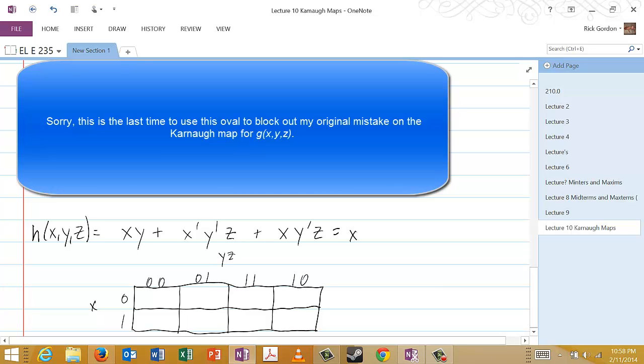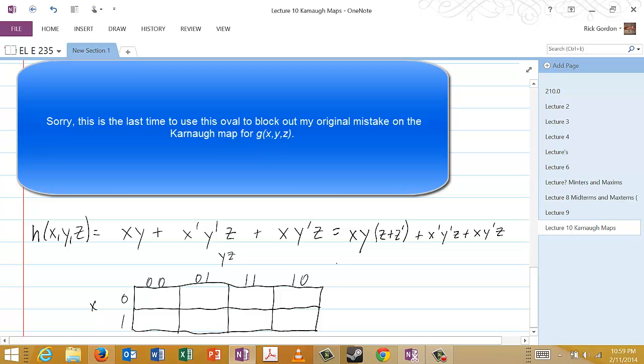We know that xy is the same thing as xy ANDed with 1, which is the same thing as xy ANDed with z or z prime. And then, of course, the other 2 terms are already minterms, so we don't need to alter them in any way: x prime y prime z, or x y prime z.